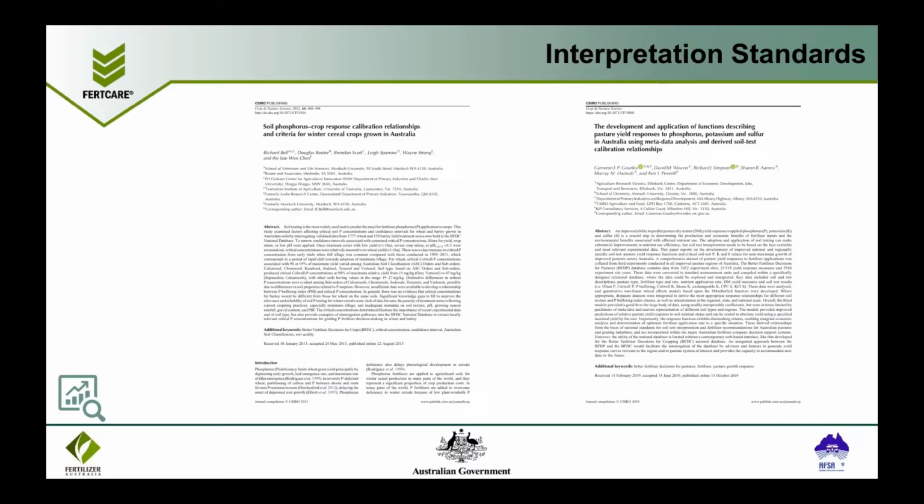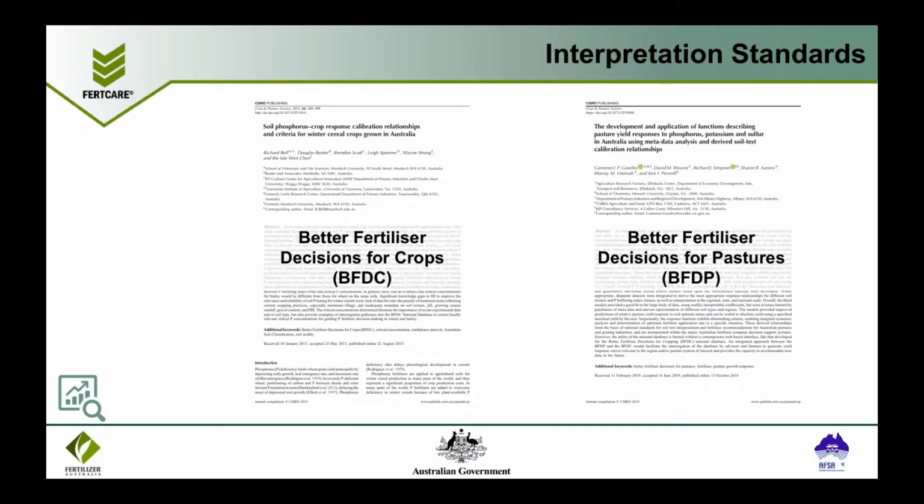And there have been some large national programs that have resulted in significant publications that describe those interpretation standards. Two of those would be the Better Fertilizer Decisions for Cropping program and the Better Fertilizer Decisions for Pastures program.